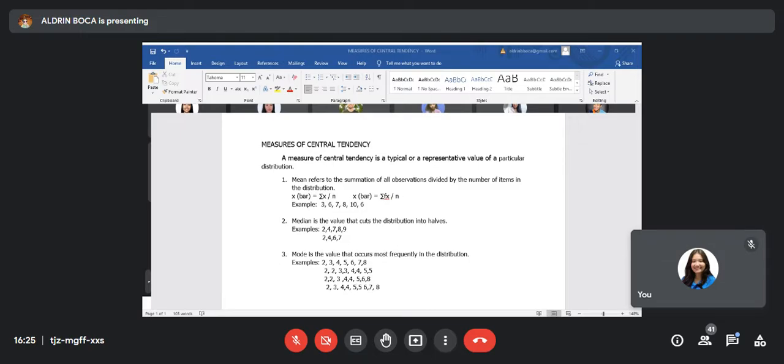Okay? So, for a distribution that has 1 mode, the distribution is said to be a unimodal distribution. A distribution that has 2 modes is called a bimodal distribution. With 3 modes, it's trimodal distribution. And for 4 or more, the distribution is said to be a multimodal distribution.